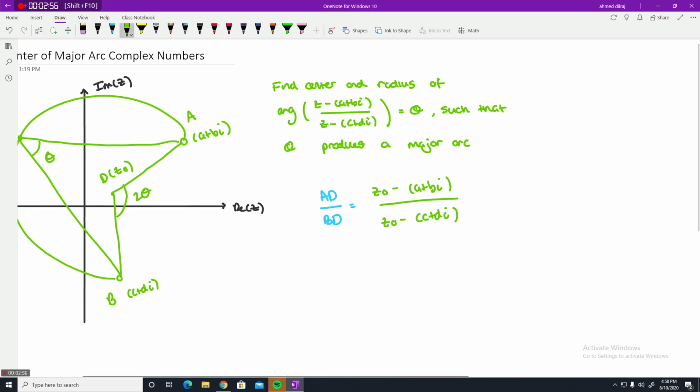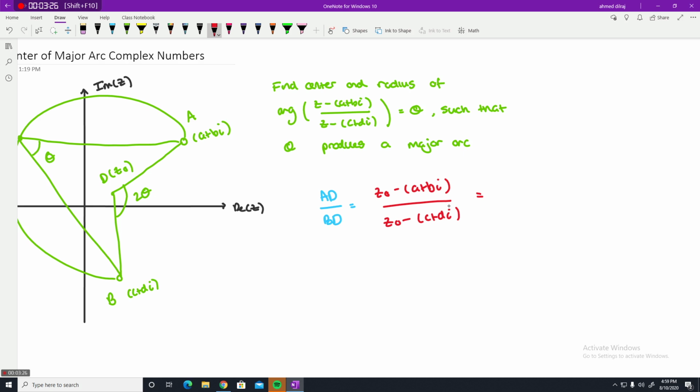Now the next thing that you have to understand is that this complex number right here, I'll just rewrite that in red: Z0 minus (A plus BI) on Z0 minus (C plus DI). The top and the bottom are both complex numbers. This form is called Cartesian form, and you can have multiple forms of a complex number.